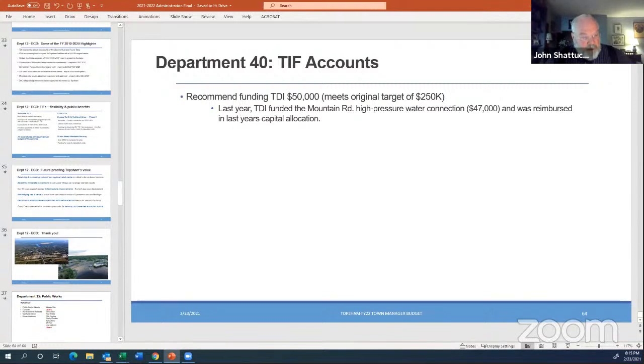For this year, and part of the calculus in deciding that preserving those funds for recovery out of the impacts of COVID, we are focusing on doing some outreach to our business community for how do we start to build out of this.